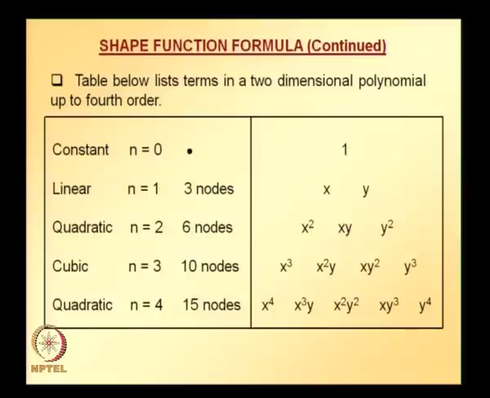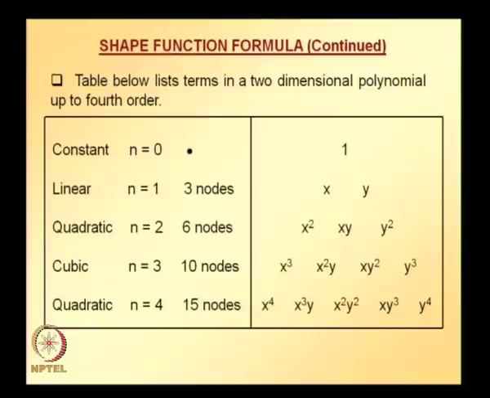And in a quadratic trial function we have terms 1, x, y, x square, x y, y square. So, we need to take n is equal to 2, and it corresponds to 6 node triangle.